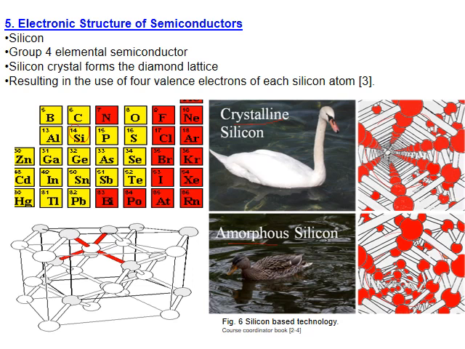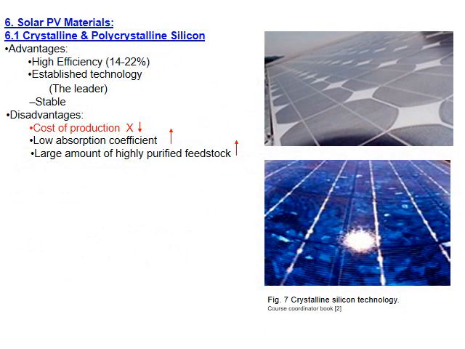Now silicon has 4 electrons in the outer band. We will discuss how we make doping by using impurities to manufacture the solar cell. But before this, regarding crystalline and amorphous silicon, we have crystalline and polycrystalline, or multi, as they call it today.